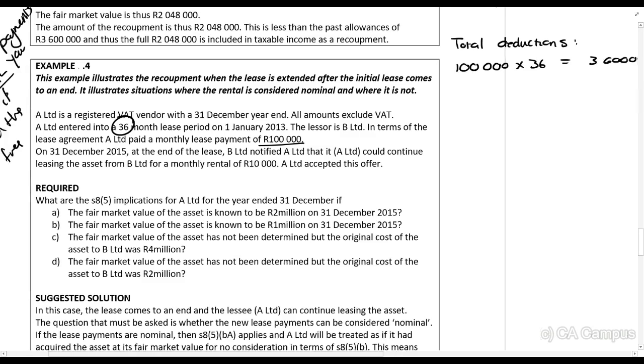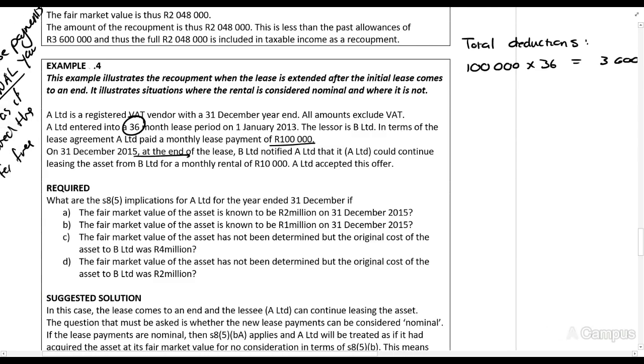On the 31st of December, at the end of the lease, B Limited notified A Limited could continue leasing the asset for a monthly rental of 10,000 rands, and A Limited accepted this offer. Now, what are the implications for A Limited if the fair market value of the asset is known to be 2 million rands?